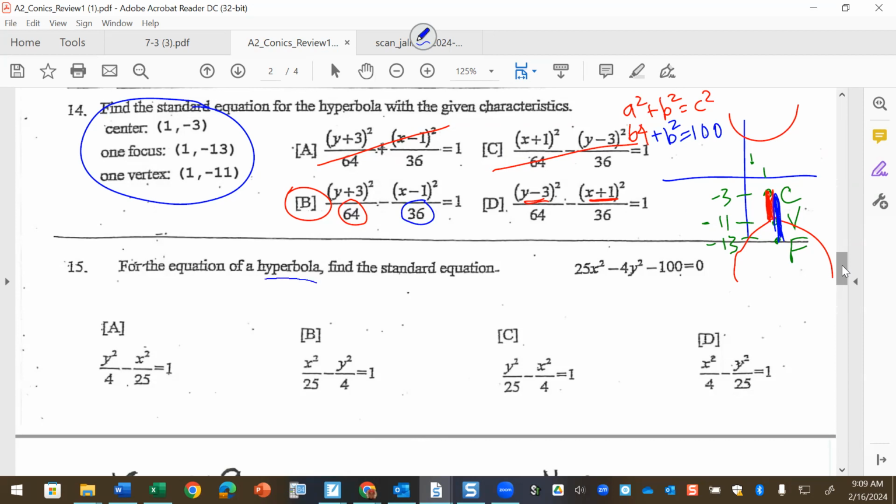All right, last problem. They said it was a hyperbola, so what's it got to equal? 1. We got work to do. What do I got to do first to get this to where it equals 1? You want to move the 100 over. Okay. That's a good first step. And now to get it to equal 1, divide everybody by 100.